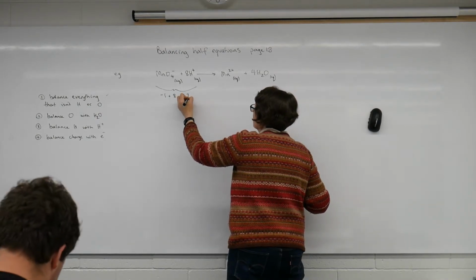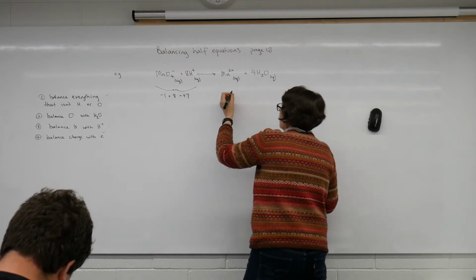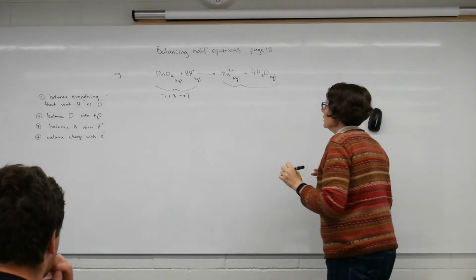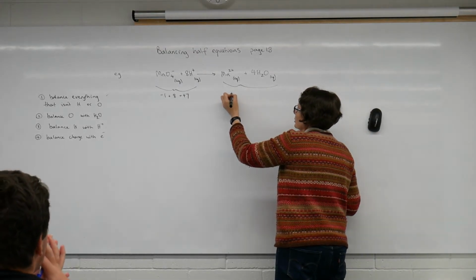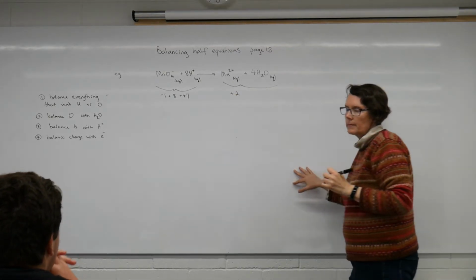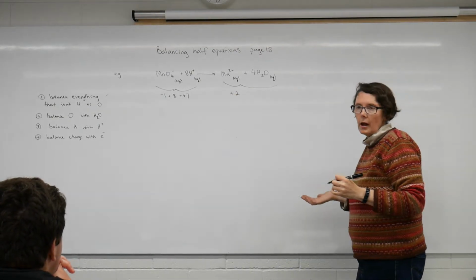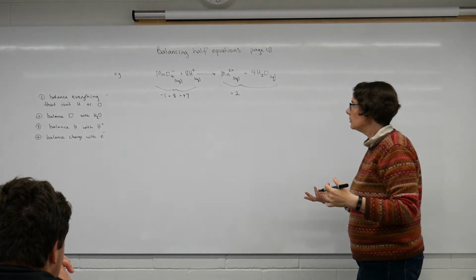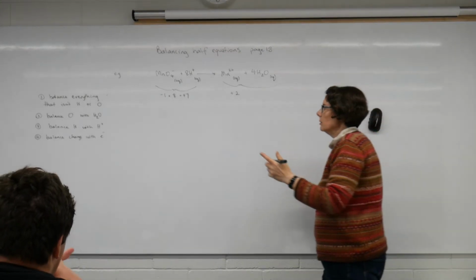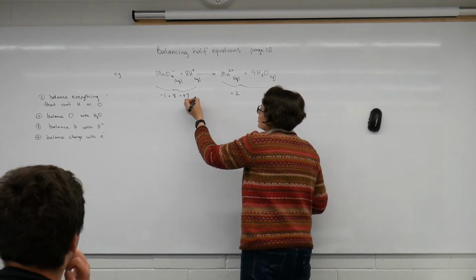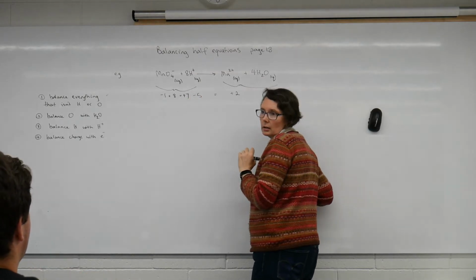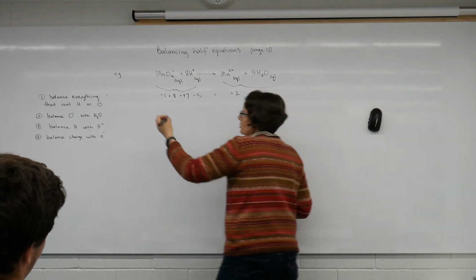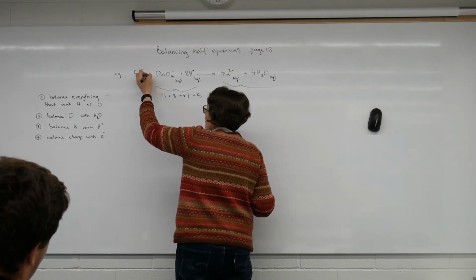So that's +7. And on this side, well, I only have one charged species, that's the manganese ion, which is +2. The only thing I have available to me to balance the charge is electrons, and they have a negative charge. So I need to subtract 5 from this side to make it equal to 2, don't I? Which means I'm going to add 5 electrons to that side.